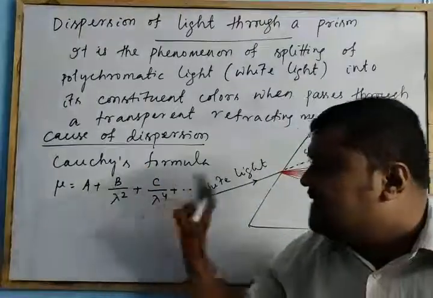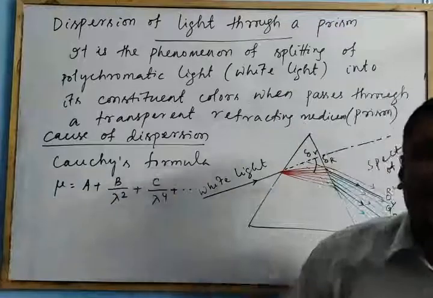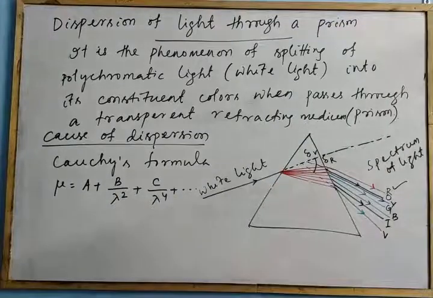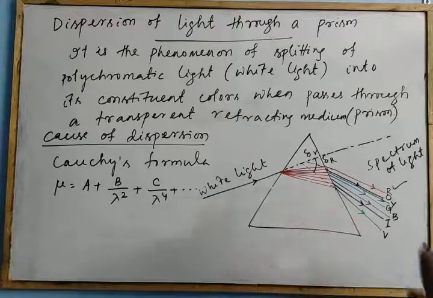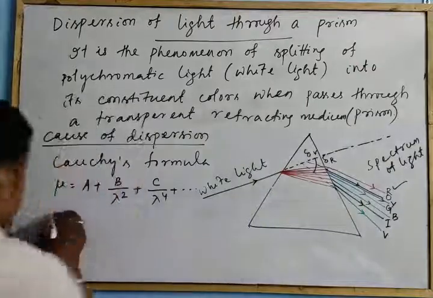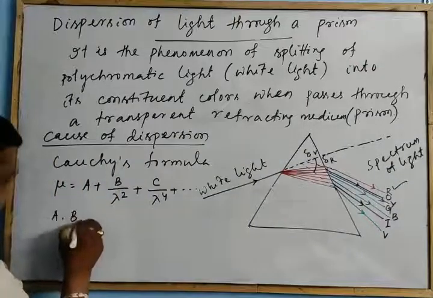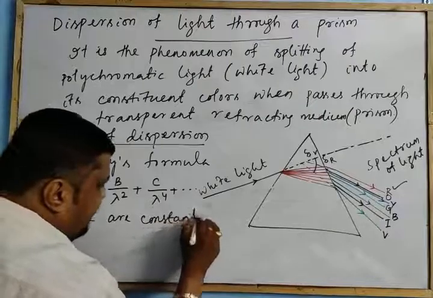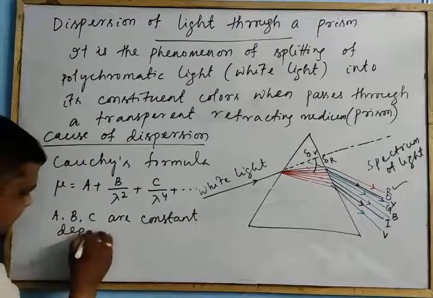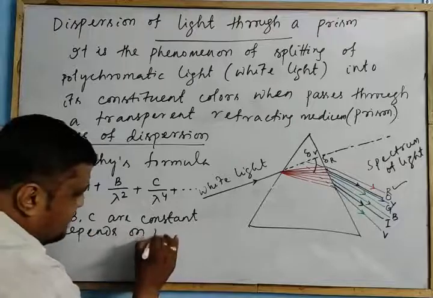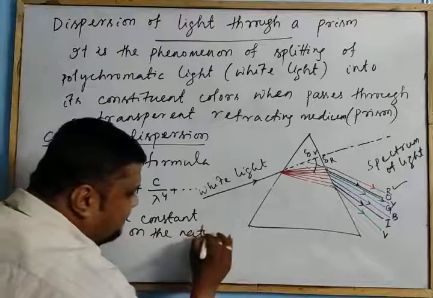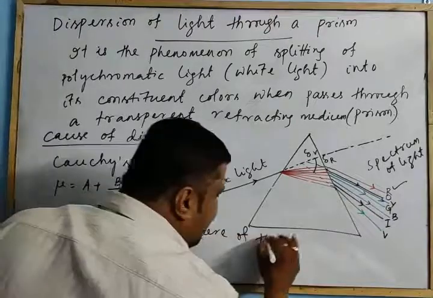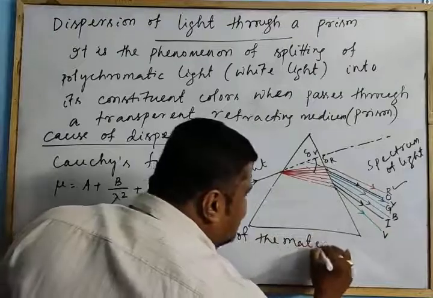And A, B, C are constants, the value of which depends on the nature of the material, here the nature of the material of the prism.